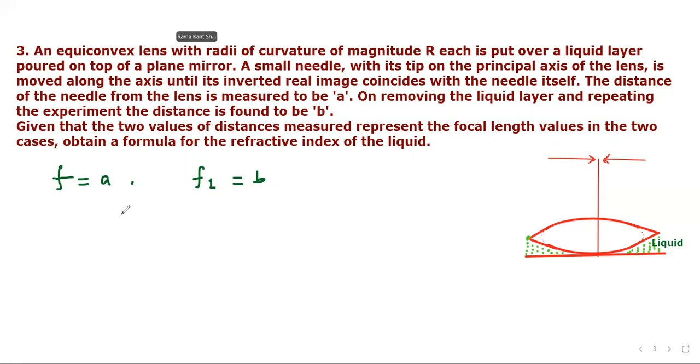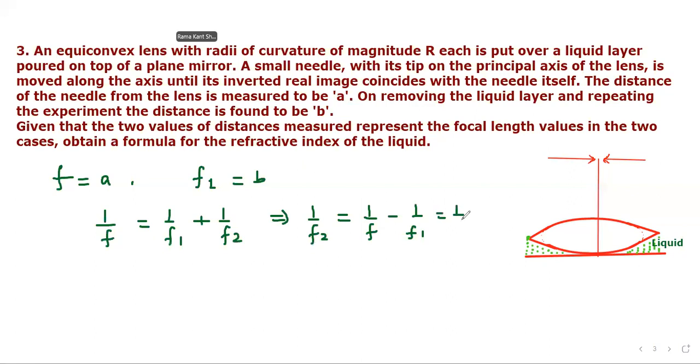Now, applying the formula, 1 upon F equal to 1 upon F1 plus 1 upon F2. So we have to find out F2. So 1 upon F2 equal to 1 upon F minus 1 upon F1.